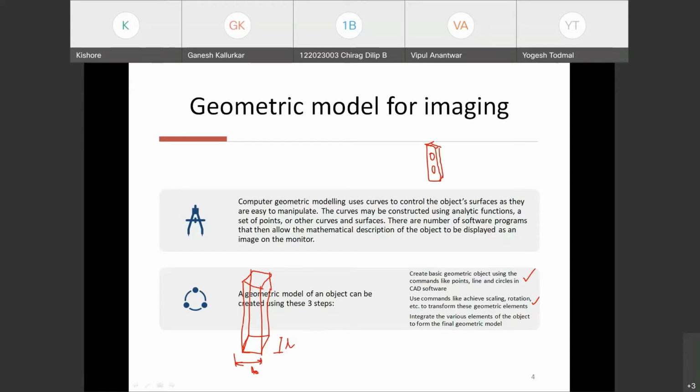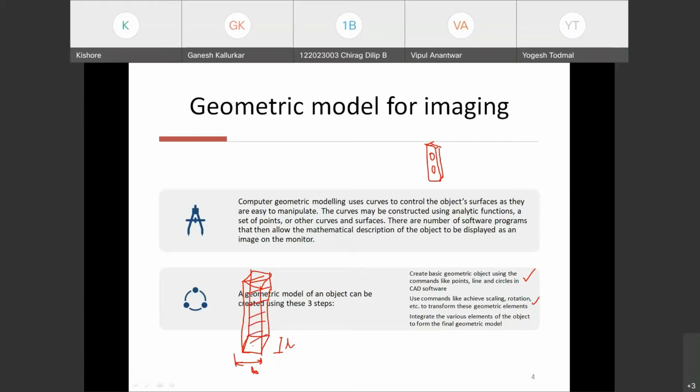This will be my second stage. I will extrude my feature in one of the axes. Now once I have done this, the computer generates the solid, that is, it will assume that this entire thing is filled.